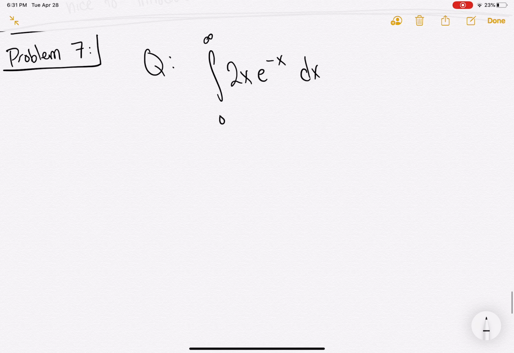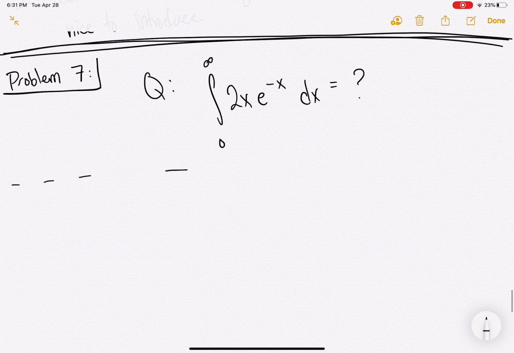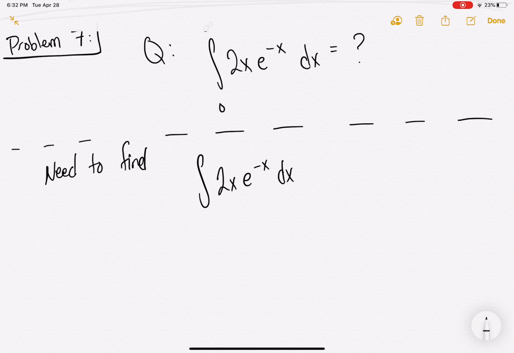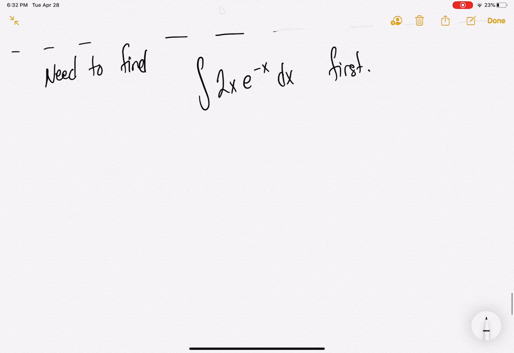But of course if we're going to solve this, we need to find an antiderivative again. Really, I would just say you need to find this without the bounds first. 2x e to the minus x dx. And just as before, we have two choices. 1, u sub. 2, integration by parts.